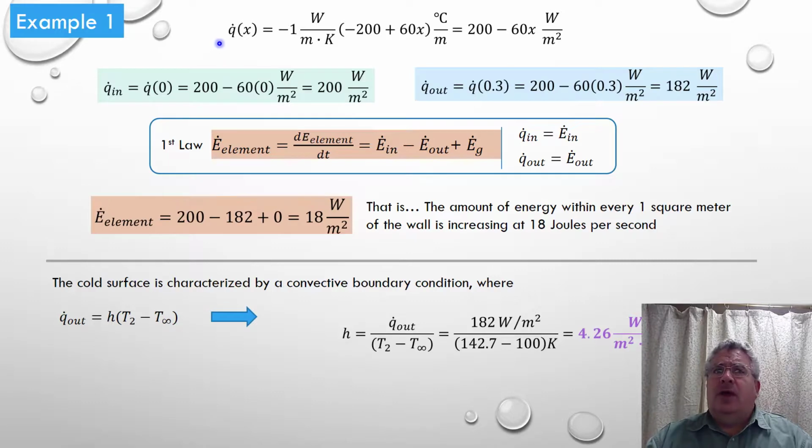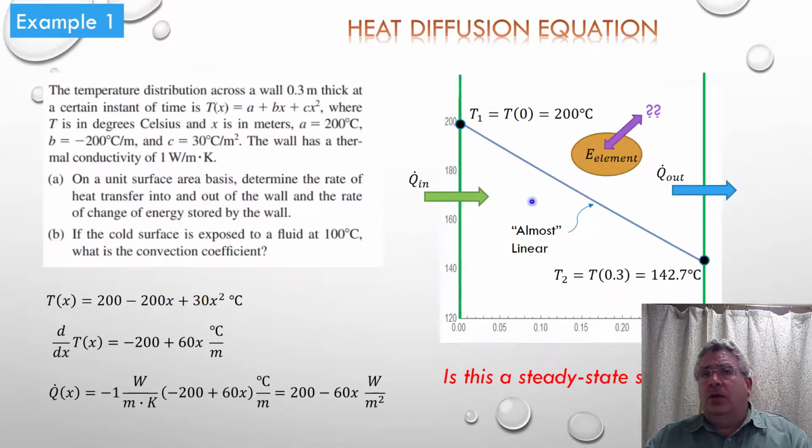So here's my expression for q-dot as a function of x, 200 minus 60x watts per square meter. If I evaluate this at the left-hand wall at x equaling 0, I'm going to end up with 200 watts per square meter. This is positive, so at the left-hand wall, q-dot in is 200 watts per square meter.